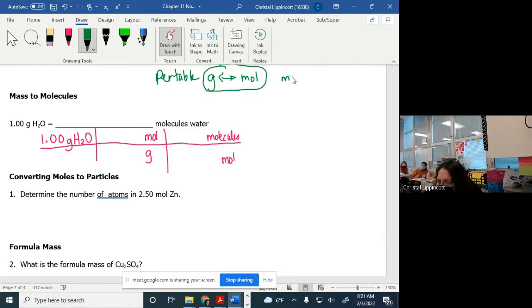Anytime you're going moles into molecules or atoms, moles into items, I'm going to put items down here. Sometimes it's atoms, sometimes it's molecules, sometimes it's ions. Anytime you go moles into items, that's going to be your 6.02 number. That's Avogadro's number.